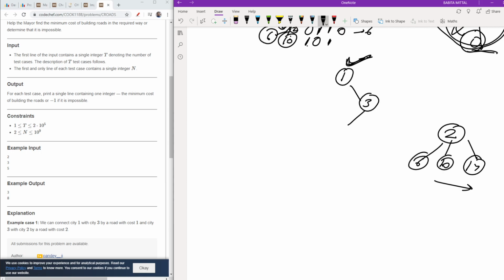So you can attach 3 with 1, 5 with 1, 7 with 1, 9 with 1, but Aryan, for which number will you attach this 2? Yes, you are right. So for which number do I attach with 2?